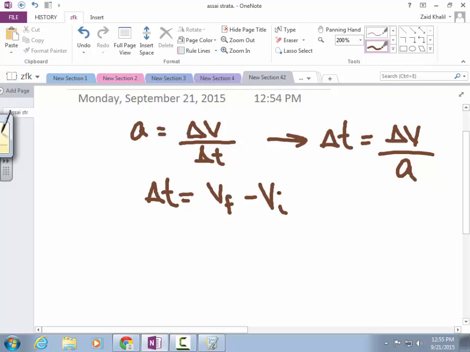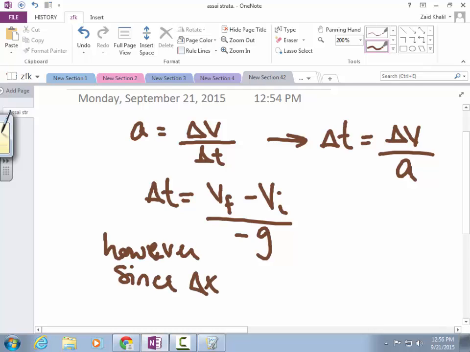What's A? Negative g. But what do we know about Vf in the case where the change in position is 0? It's negative Vi. However, since delta x equals 0, this implies that Vf equals negative Vi. Hence, what do we get?